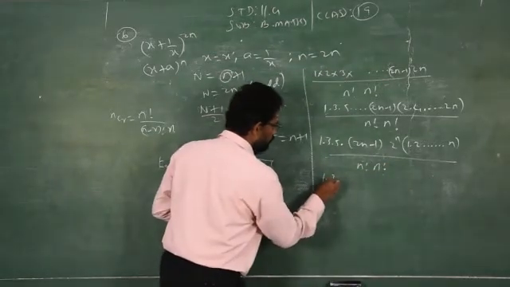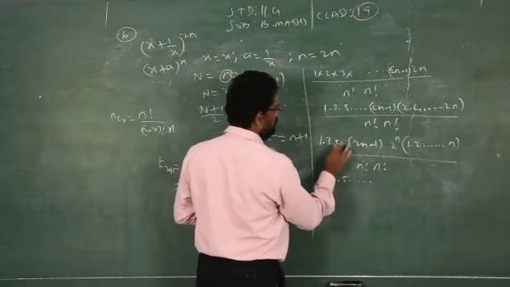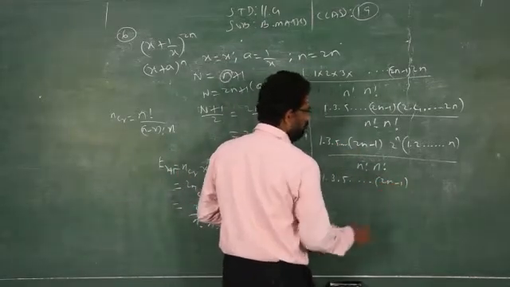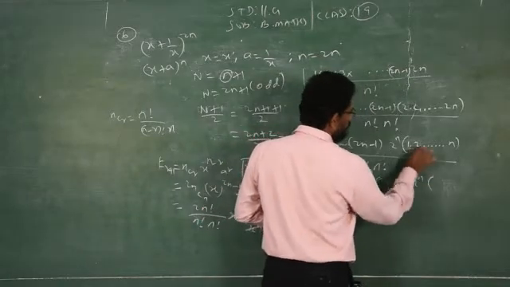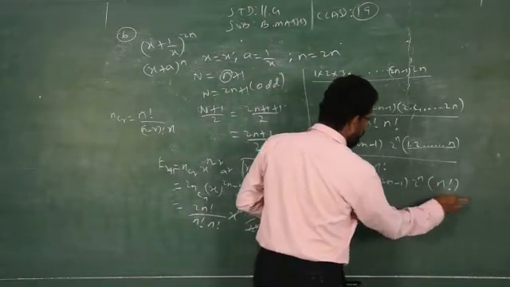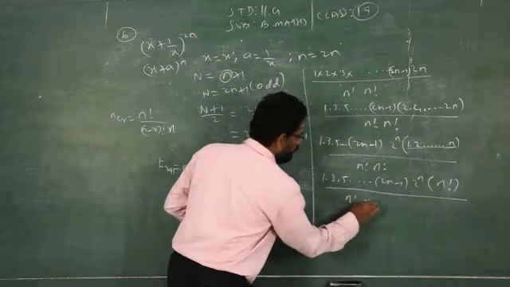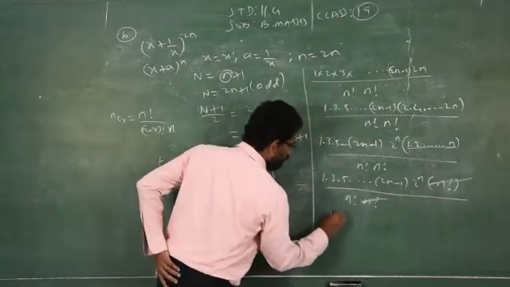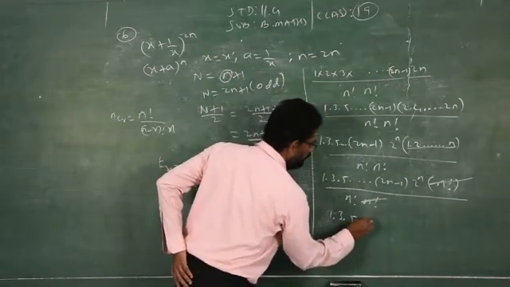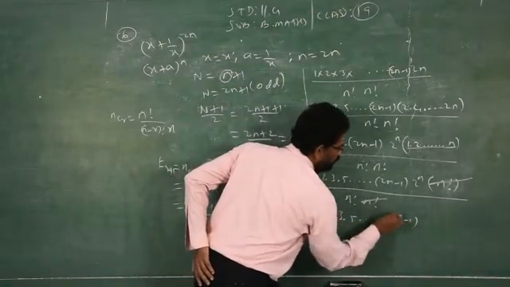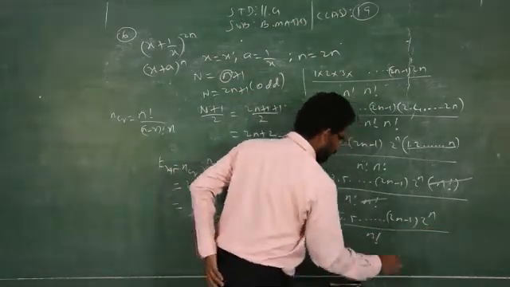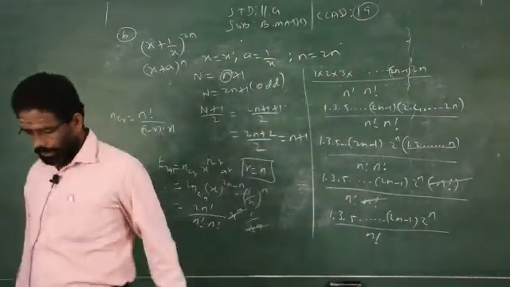So, 1 into 3 into 5 into 2n minus 1, times 2 power n, over n factorial into n factorial into n factorial. Two of these get eliminated. Then 1 into 3 into 2n minus 1, times 2 power n, by n factorial. See, this is your required answer.